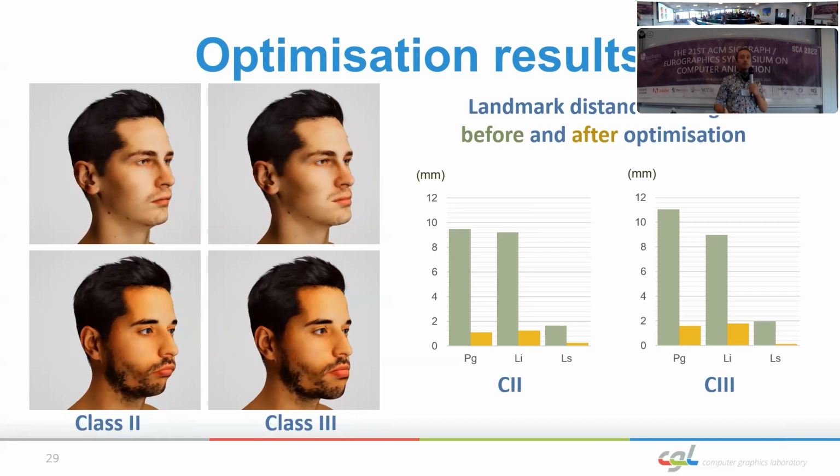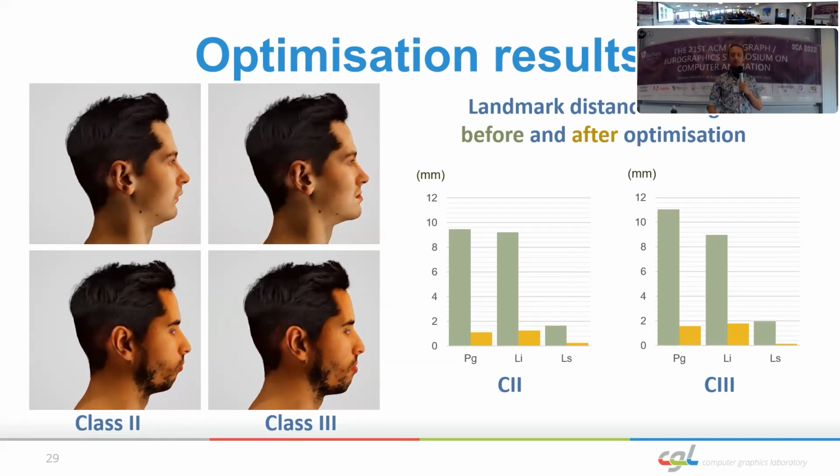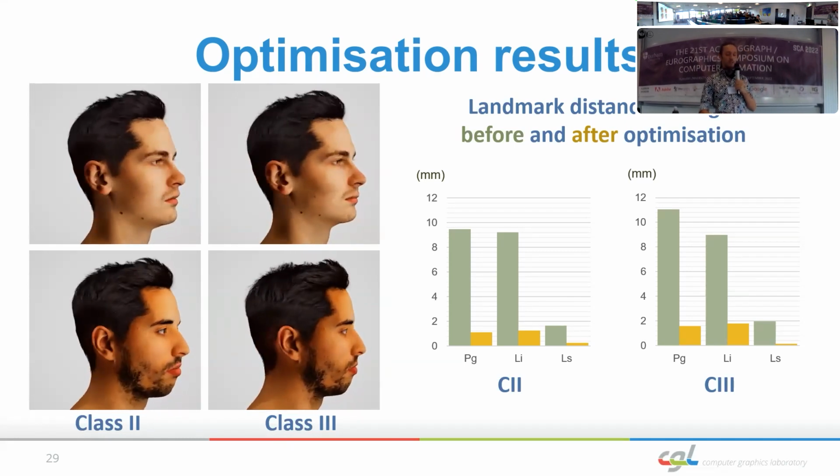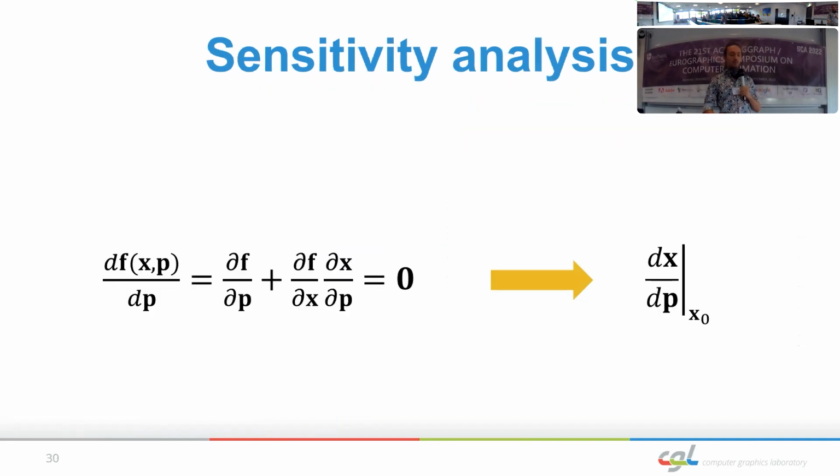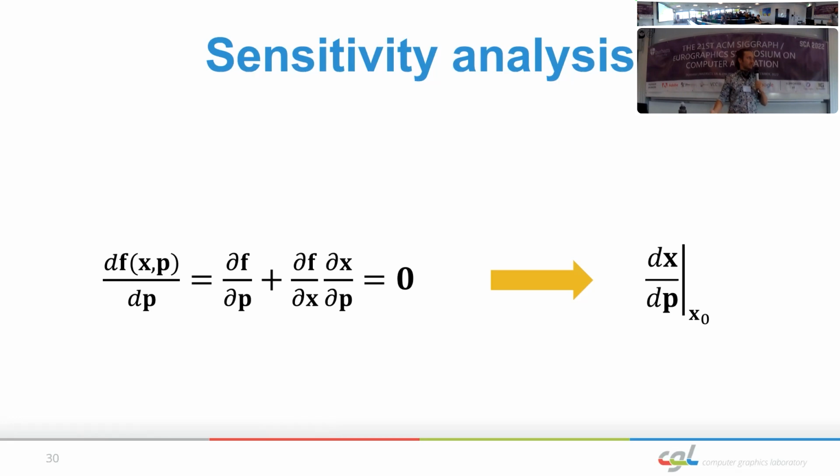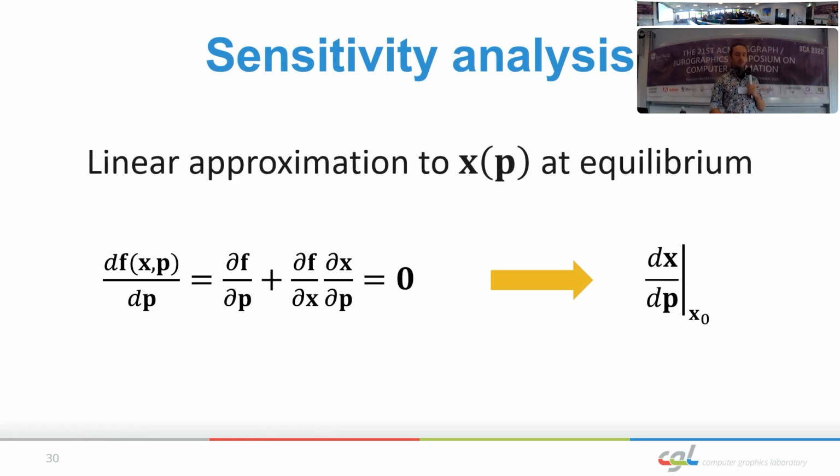This is not the only interesting application of differentiable simulation. So using the gradient or so-called sensitivity matrix derived before, we can create linear approximations to a deformed equilibrium state.